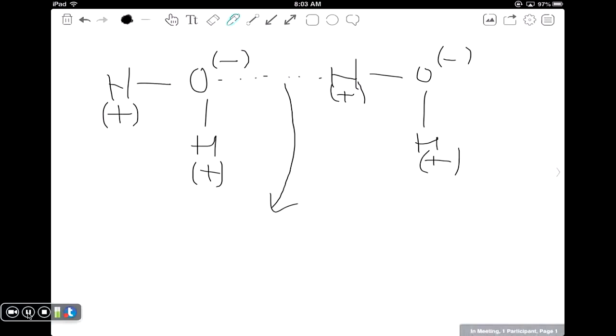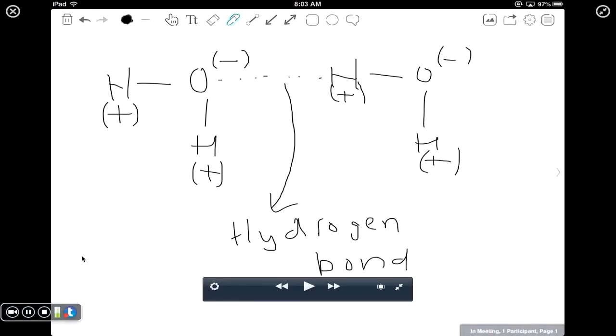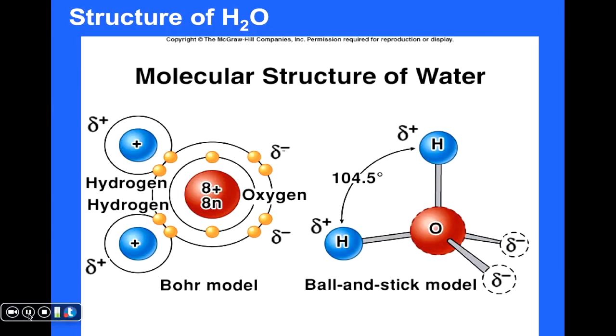Right? So this attraction here, this is what's referred to as a hydrogen bond. Okay, so hydrogen bonds, fairly weak, but as we'll see later, profoundly important in many types of biological molecules.